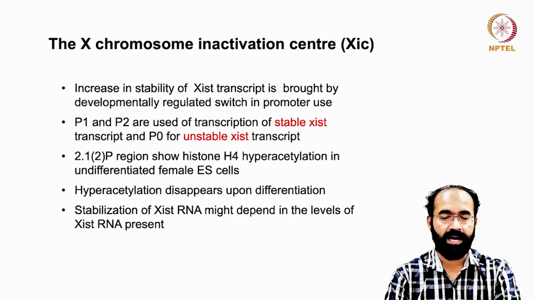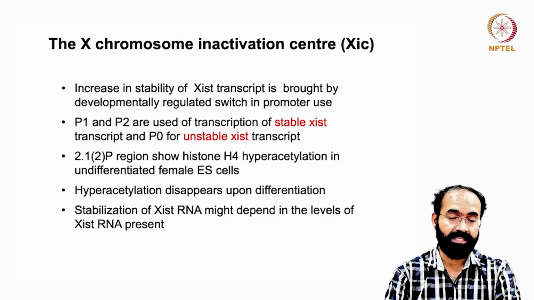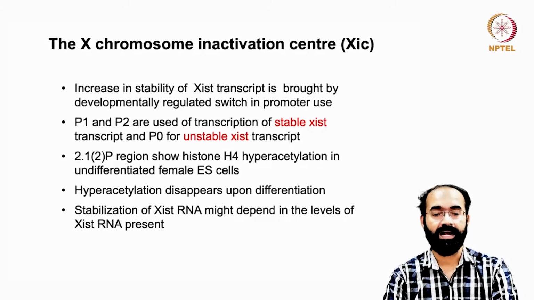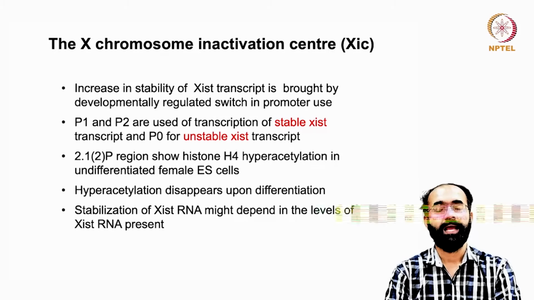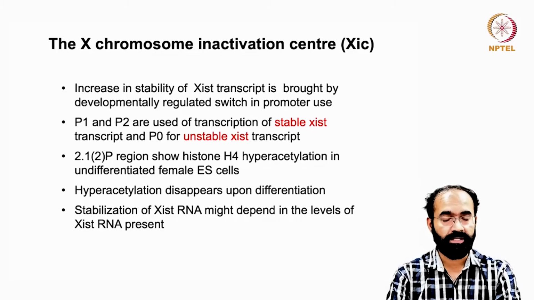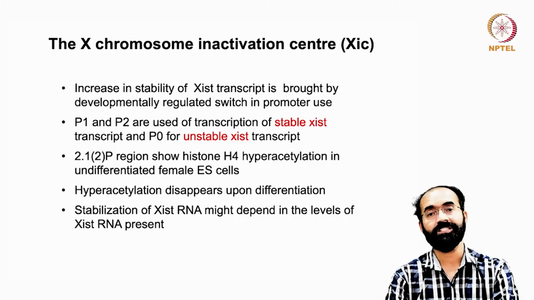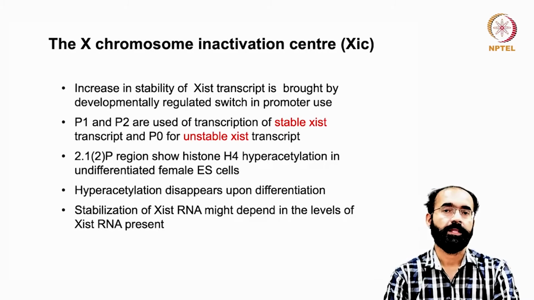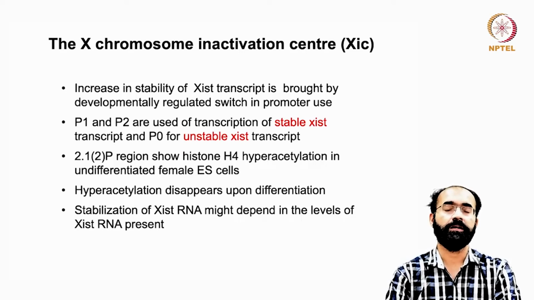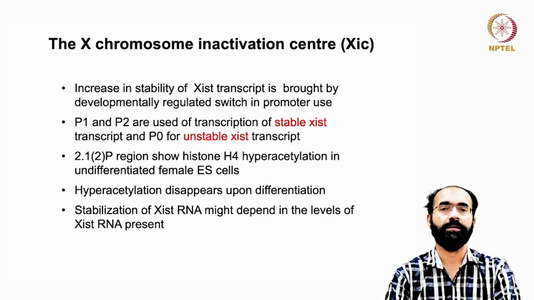Stabilization of Xist RNA might depend on the levels of Xist RNA present. So the amount of Xist RNA also can contribute and decide whether or not an Xist RNA must be stabilized. Let us assume a situation like you are going for a war. Only one person or two persons are there, you will not be brave enough.